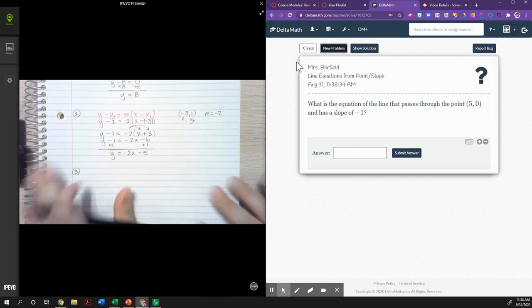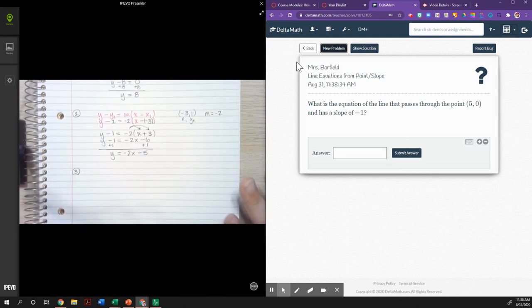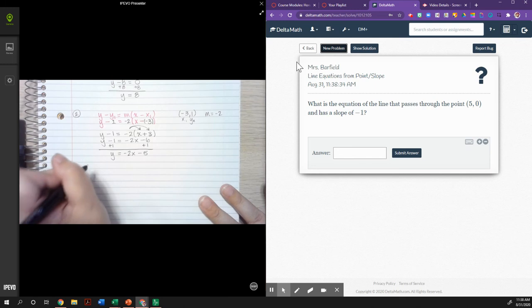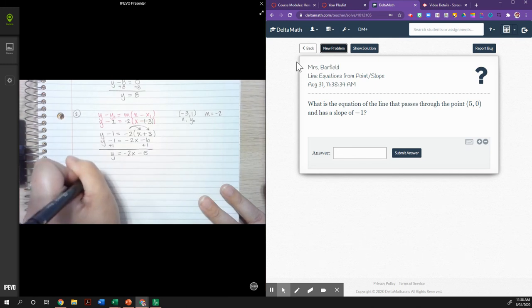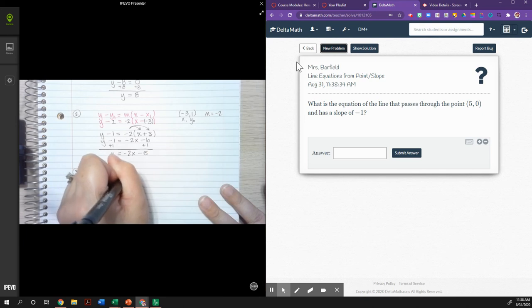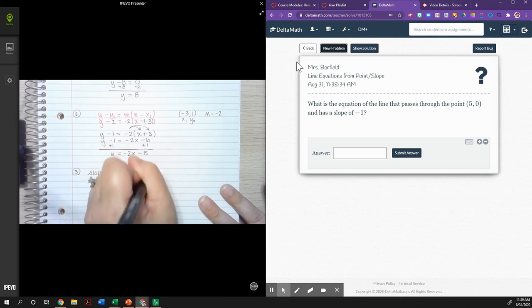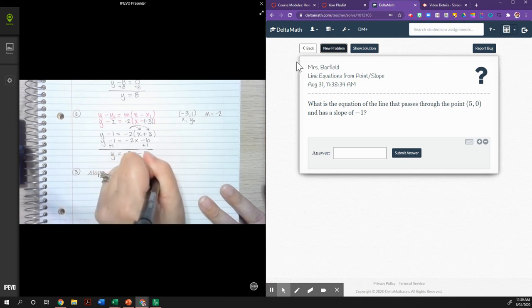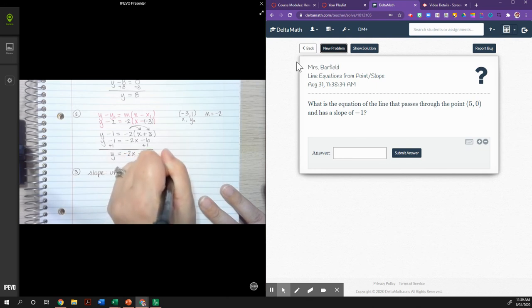I'm going to make this problem up right here on the fly because you need to know what to do if they tell you that the slope is undefined and the point is negative 3, 5.